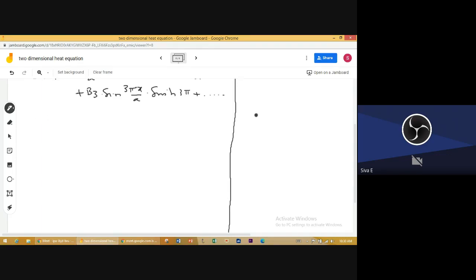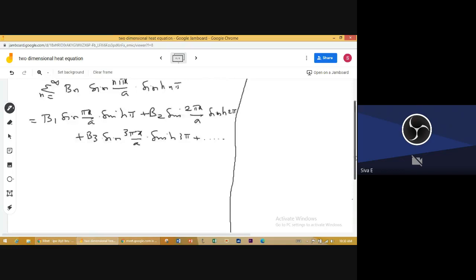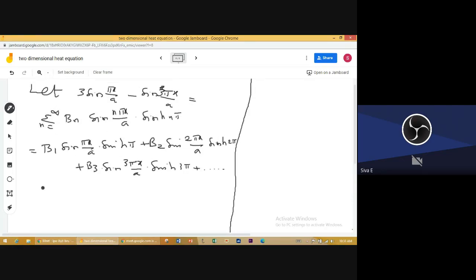Now, equating the coefficient of sin pi x by a and sin 3 pi x by a. Don't write sin cube, write sin 3 pi x by a.